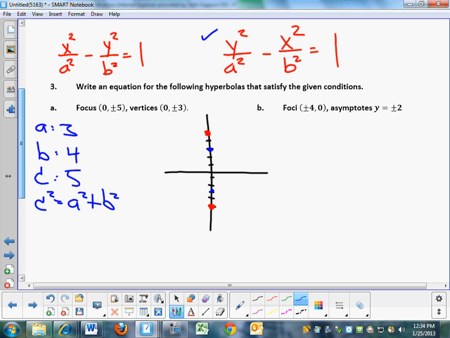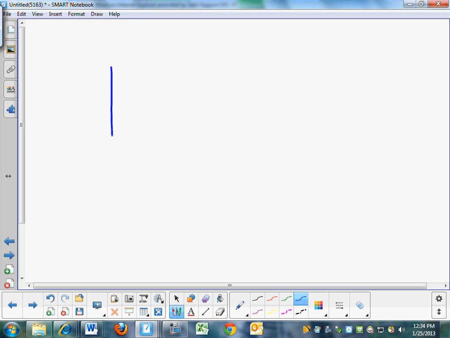So let's suppose that they could tell you this. They could tell you for an ellipse that you got focus points there, but that the minor axis is 4 units wide. Well, that now you know B is equal to 2, and you know C is equal to 5.